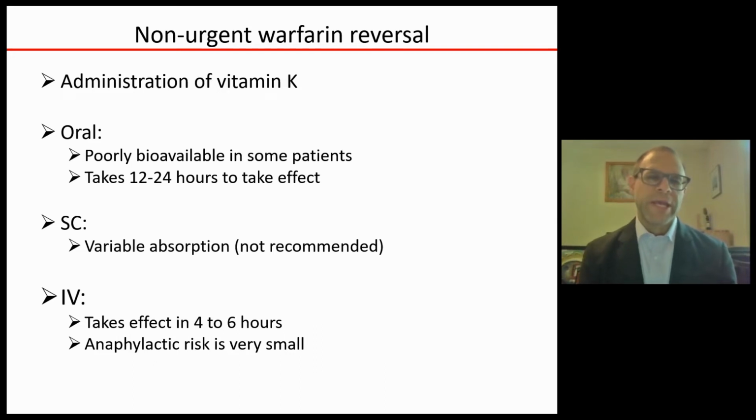So vitamin K, as I mentioned, can be given orally or intravenously. The intravenous probably is faster, and they're all safe and effective.